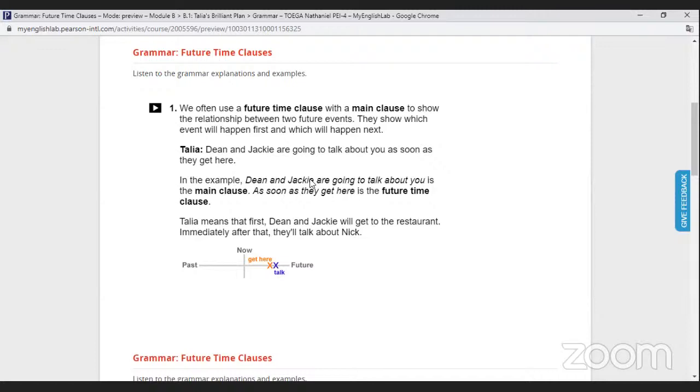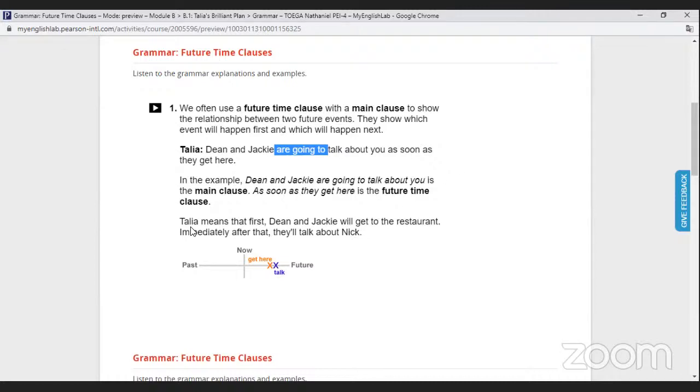Okay, so also in this case, we can remember which auxiliaries we use to make future tenses, right? In this case, it can be going to or will. Do you remember these modal verbs? Yeah, I remember them. That's great.